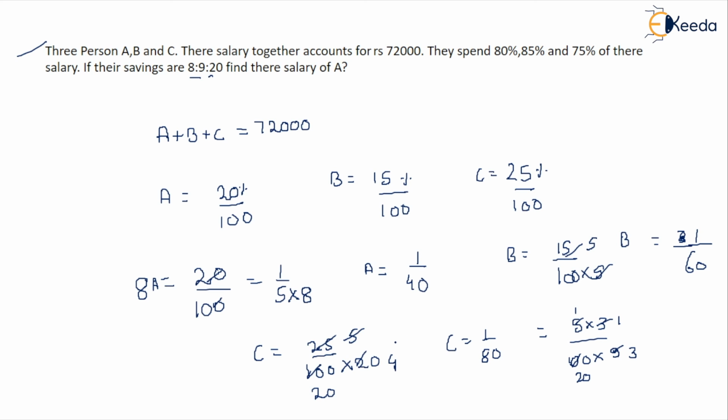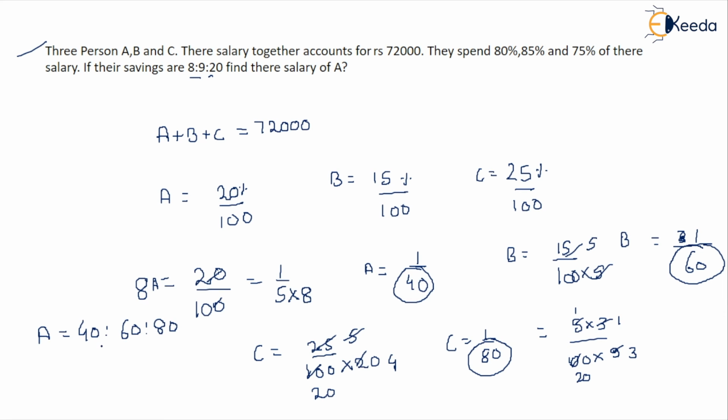Now these are simply the actual values, right? So I know that A's value from the total can be taken as 40, B's value can be taken as 60, and C's value can be taken as 80, right?